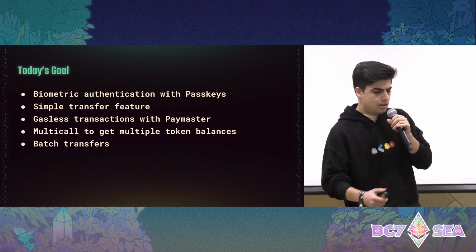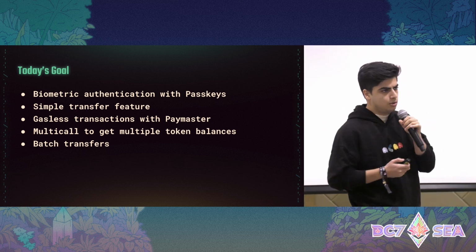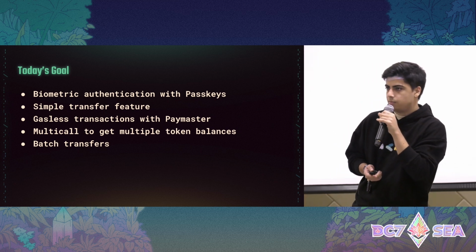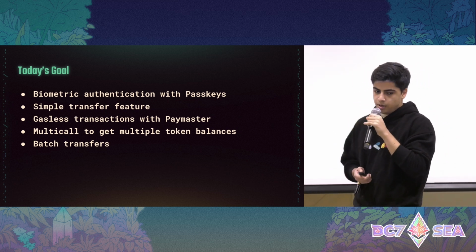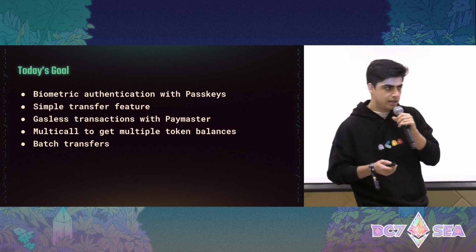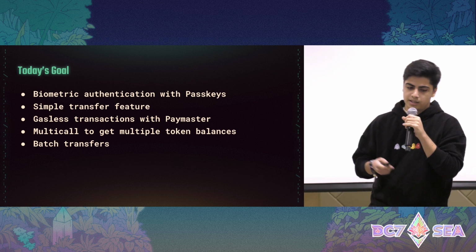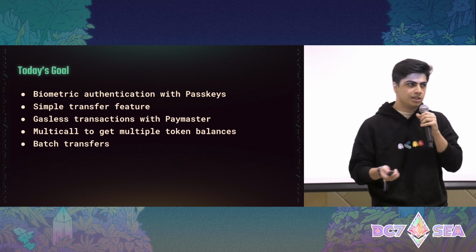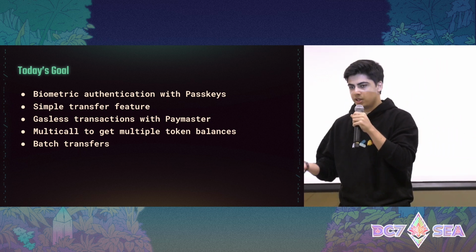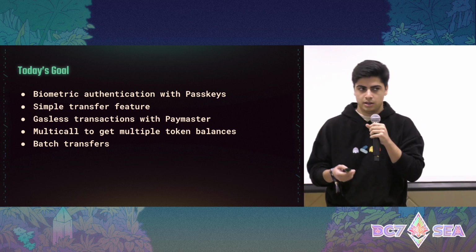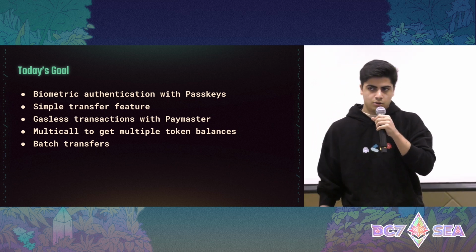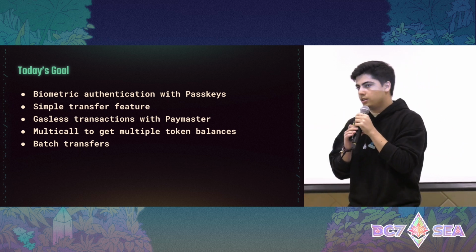We will also be seeing batch transactions, as I previously discussed, which is a combination of transactions with the same signature. You're sending multiple transactions at the same time instead of signing them multiple times. This is important for wallet user experience.